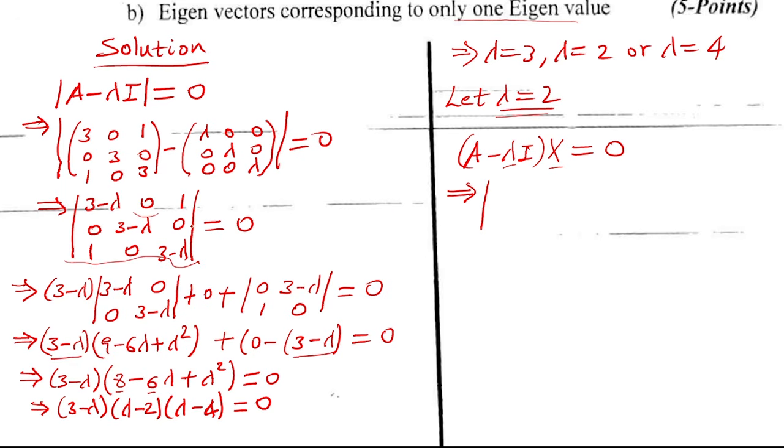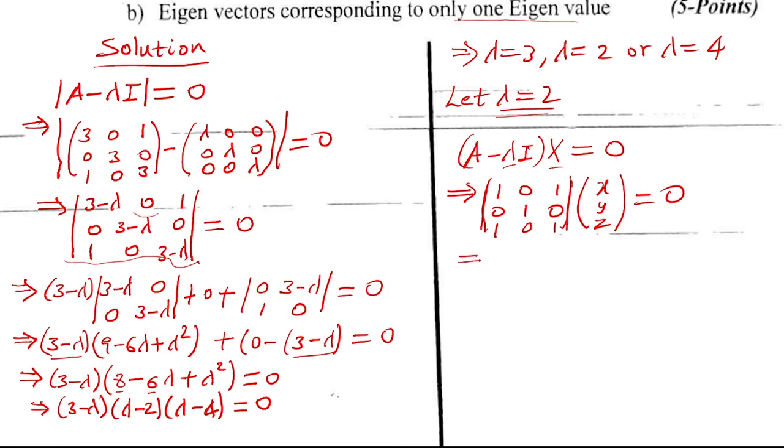Therefore, we will have 3 minus 2, 1, 0, 1, 0, 3 minus 2, 1, not determinants, times the column vector x, y, z is equal to 0.